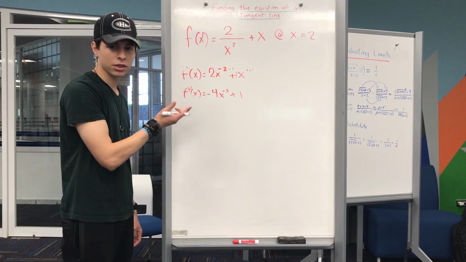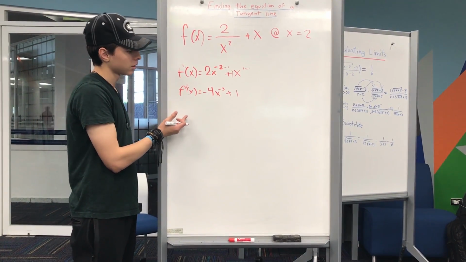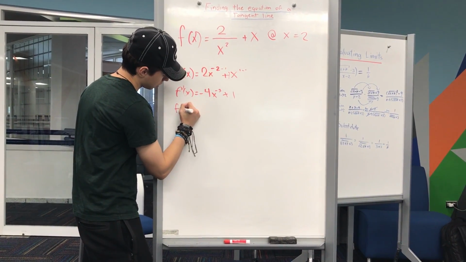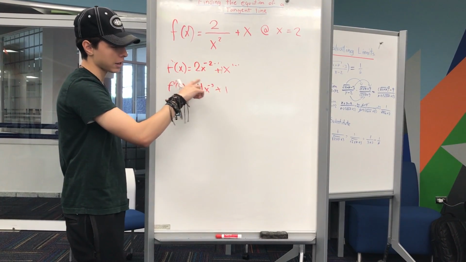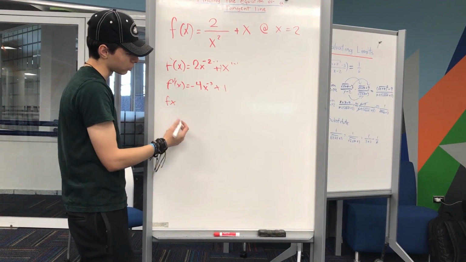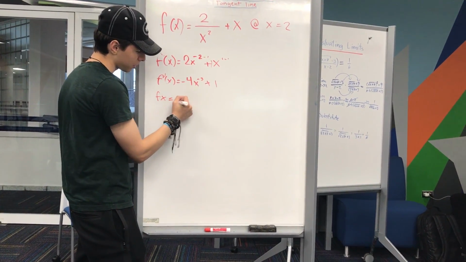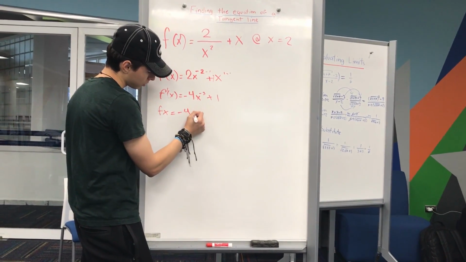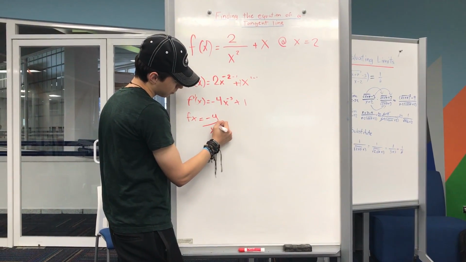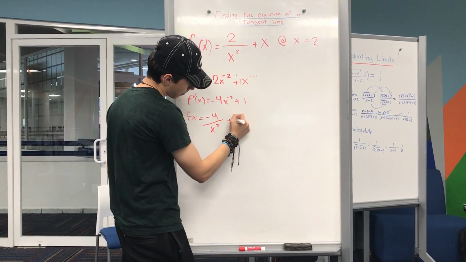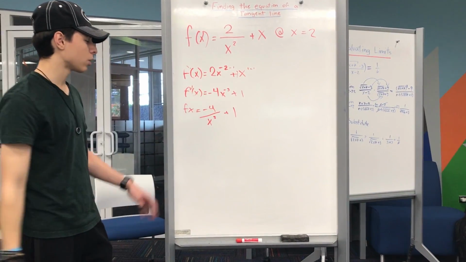And after differentiating, we need to rewrite the whole equation again, because we can't have negative exponents, so we'll send it down to the denominator so it can become positive. And now we have our equation ready.